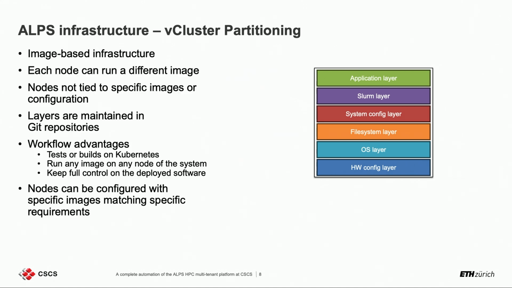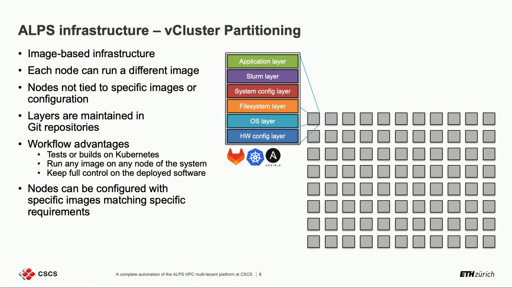Using this approach, you can configure each node freely, because the image is not tied to each node but can be used everywhere. So you can basically develop your image as you like. All these layers are managed by a Git repository, so you can compose it and deploy it on the entire cluster, creating this kind of flexible configuration.